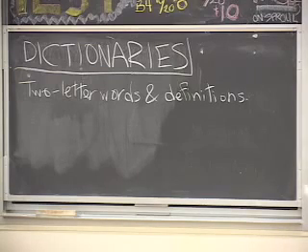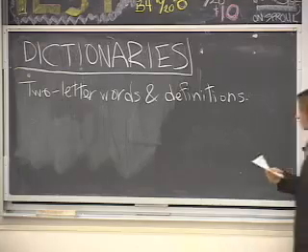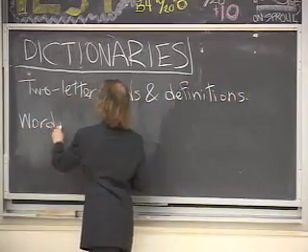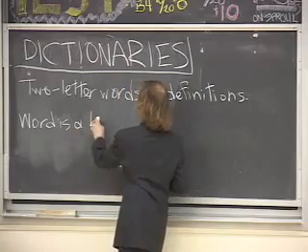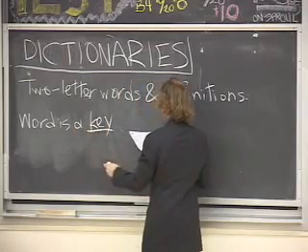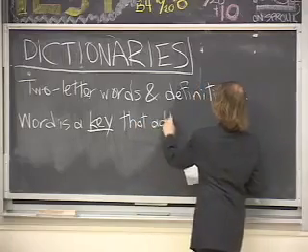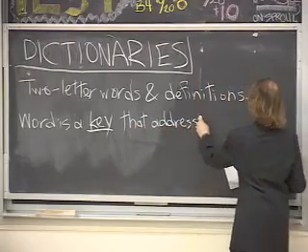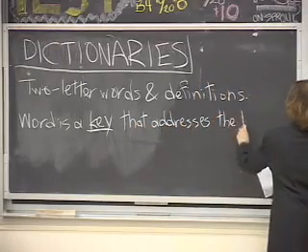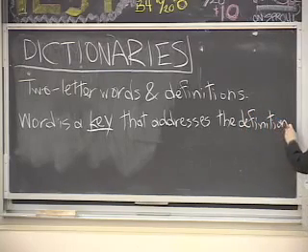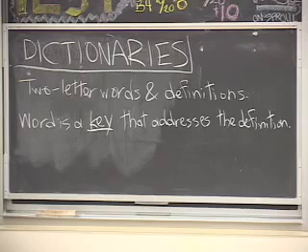We'd like a computer to be able to look up a word and find its definition as quickly as possible. Now, there's an official name for the word. The word is called a key that addresses the definition. So key is the official hoity-toity computer science word for this.